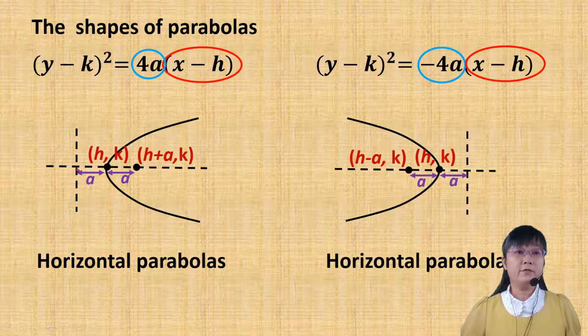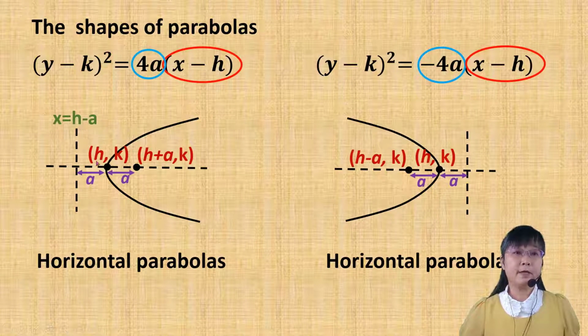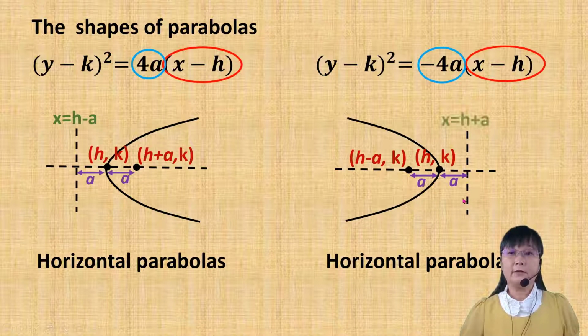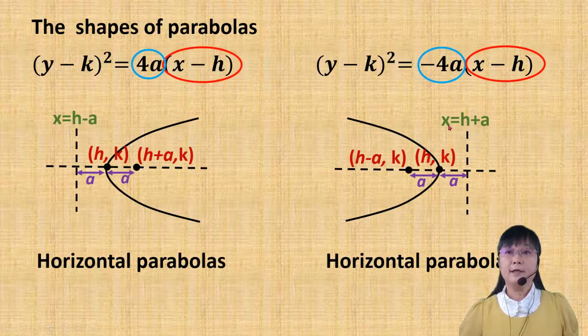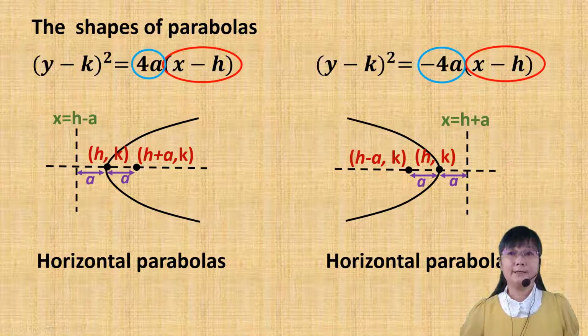So if we want to find the x value here, if the directrix is on the left-hand side, then the x value of the directrix is h minus a. If the directrix is on the right-hand side of the vertex, then x is equal to h plus a.